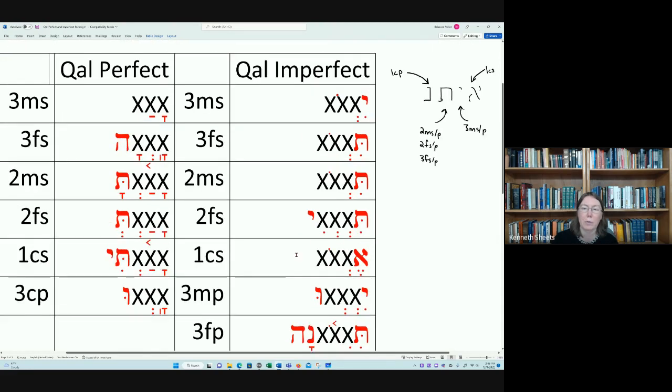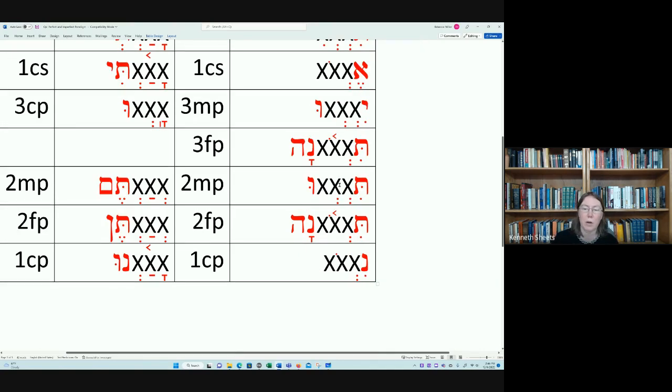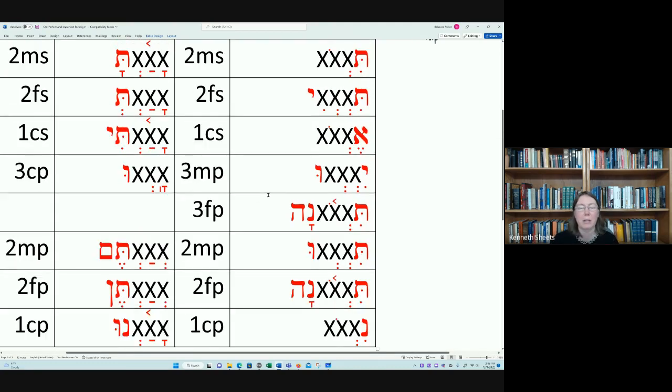So you can see those forms again for the Qal imperfect. And again, you'll notice that the third feminine plural and the second feminine plural are the same form, tiqtolna. Again, you put it into a context, it's not ambiguous. So those are the basic forms.